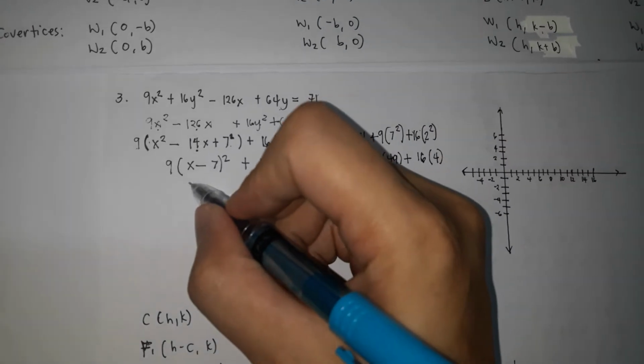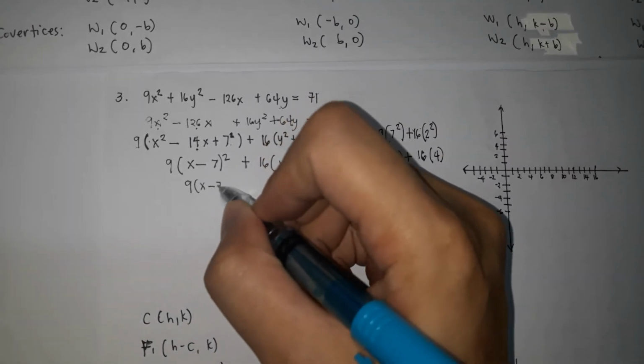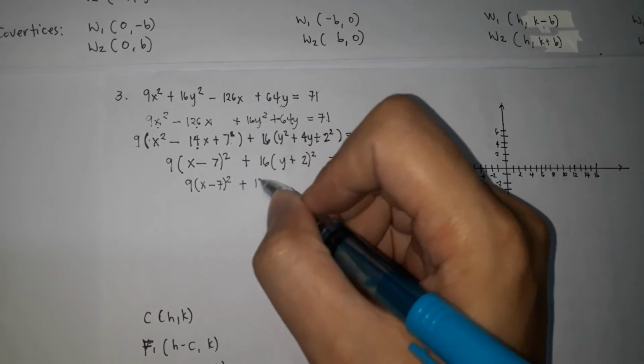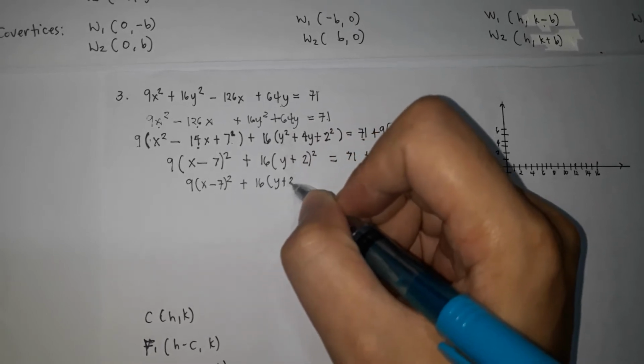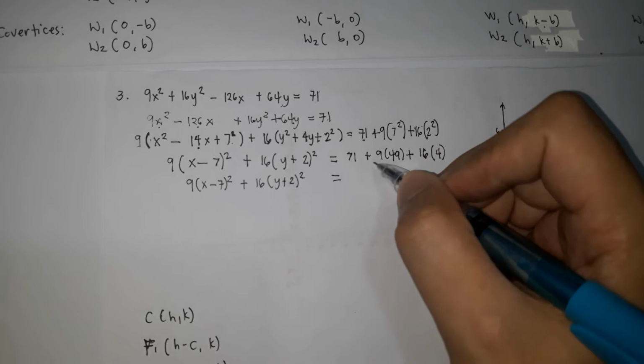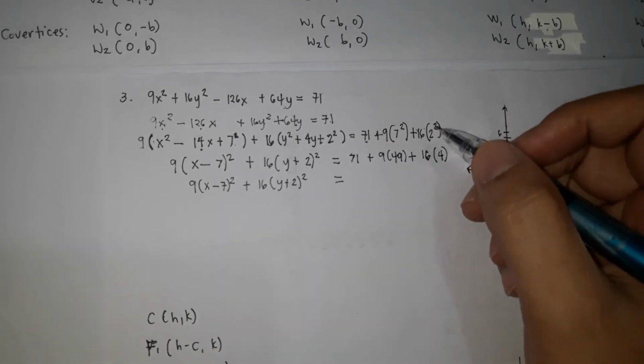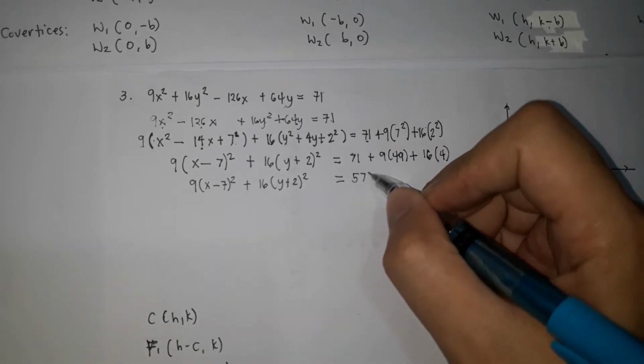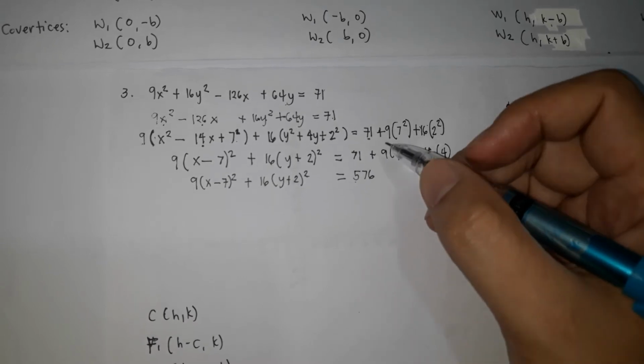Next, copy that: 9(x minus 7) squared plus 16(y plus 2) squared is equal to, if you add them all, you may use a calculator, it will become 576.